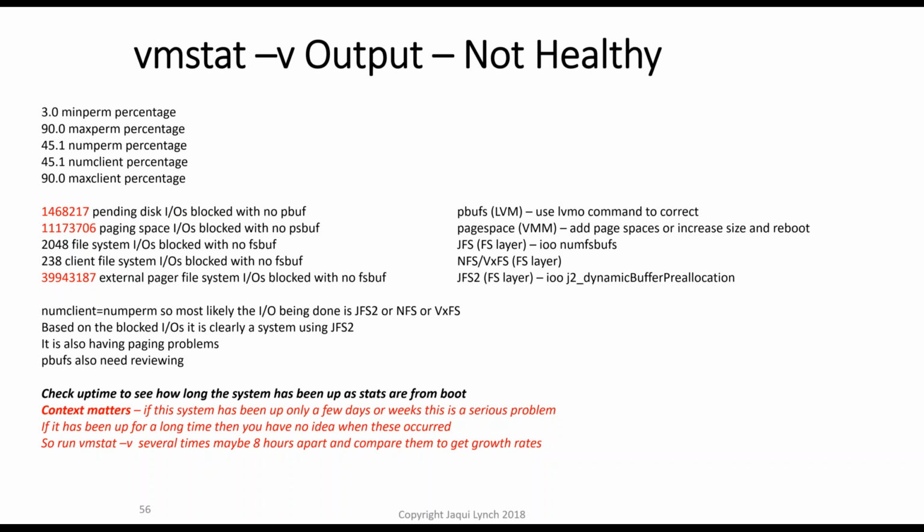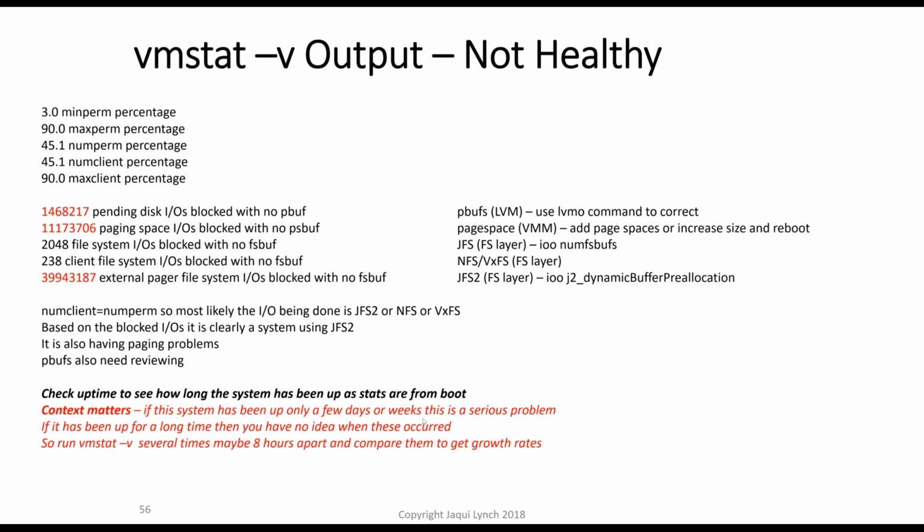If I'm not able to get those IOs out to file system buffers and out to the system, then it's highly likely that the application trying to issue those IOs is going to get blocked, and it will probably get paged out. So sometimes those three go hand in hand, and it's not just a pbuf problem, you've got to solve all three. And sometimes just solving the pbufs and the file system buffers reduces the pressure on the page space buffers. So, another example of why context matters.